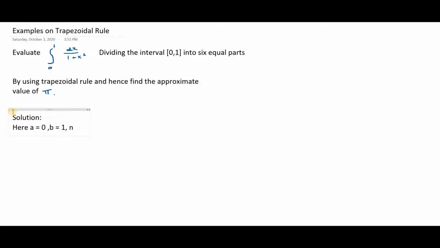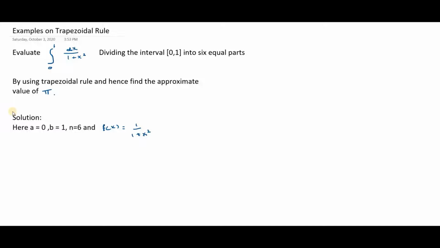We have to divide the interval into 6 equal parts, which means n is equal to 6, and f of x is equal to 1 divided by 1 plus x square.